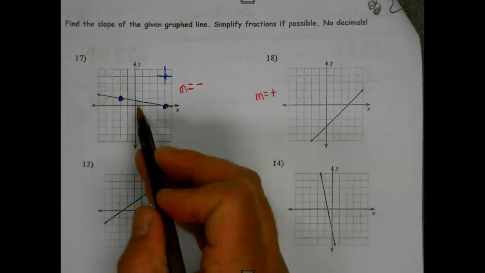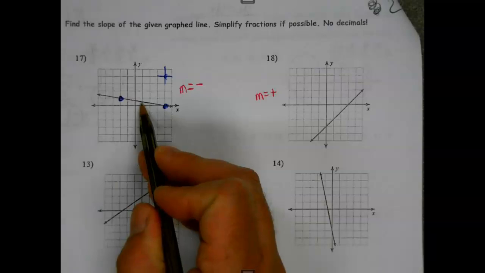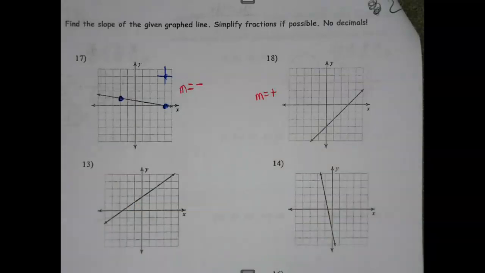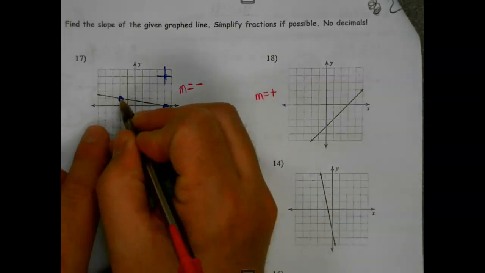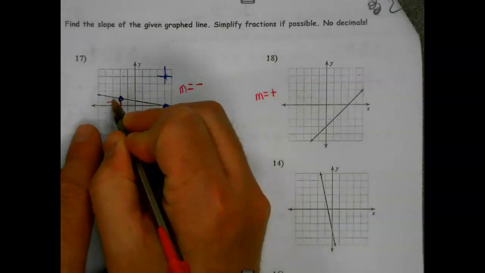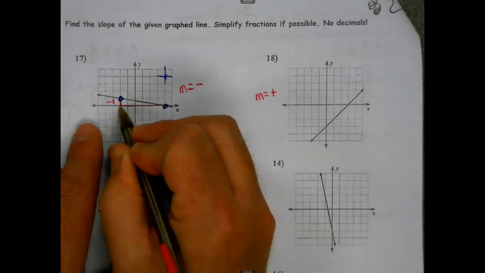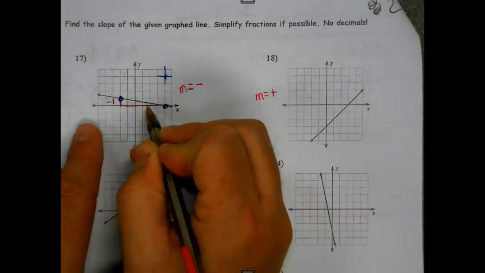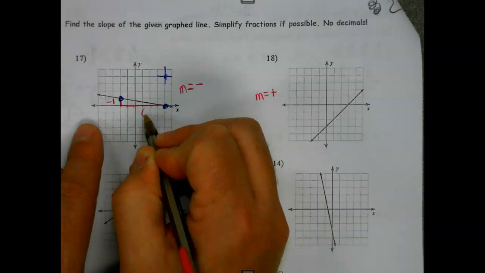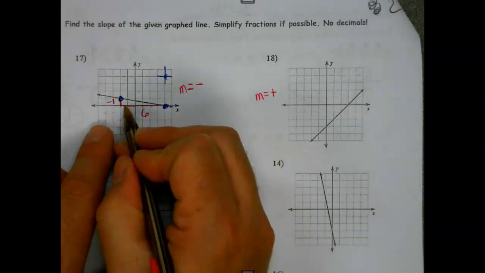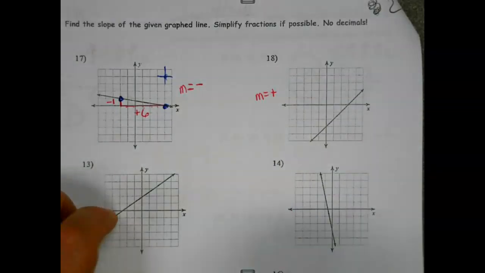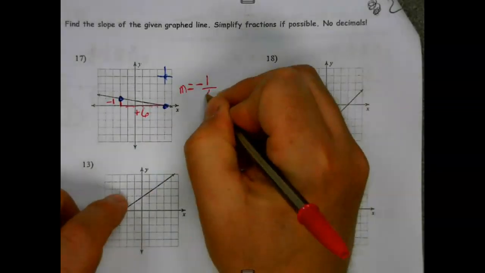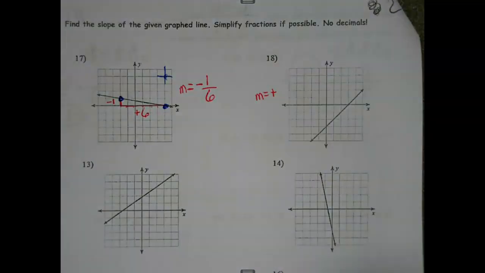But you don't want to pick ones that are in between or in the middle because those are really hard to count. If I can find the other ones, then it's kind of easy to say, all right, I went down 1 and I went 1, 2, 3, 4, 5, 6 to the right. Did I do that right? 1, 2. Yep. And to the right is positive. So my slope would be negative 1 over 6, which makes sense. It's going down to the right. It should be negative.